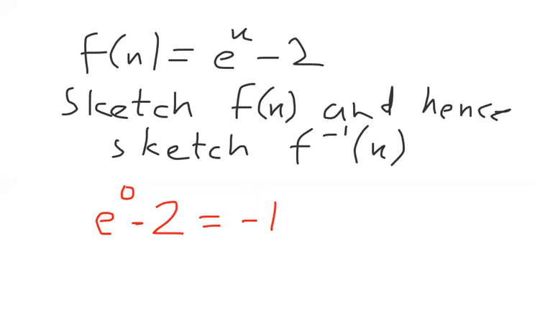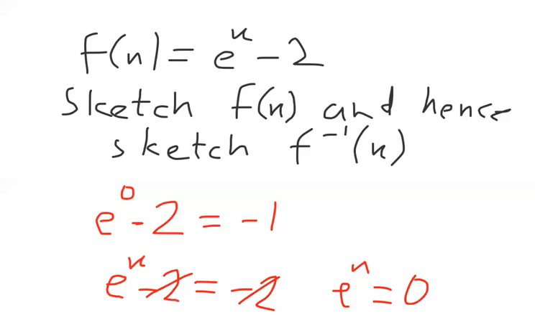And the horizontal asymptote, at the horizontal asymptote, e to the power x has to be 0. So when is e to the power x equals to 0? If e to the power x minus 2 was equal to minus 2, then minus 2 and minus 2 would get cancelled, and e to the power x would be equal to 0.